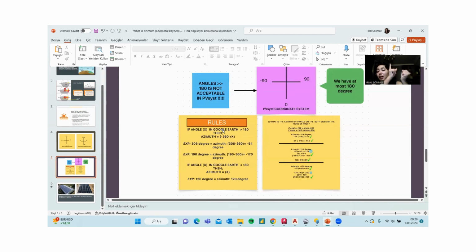And what is the crucial point? If we get an angle greater than 180 degrees, we will do some conversions.